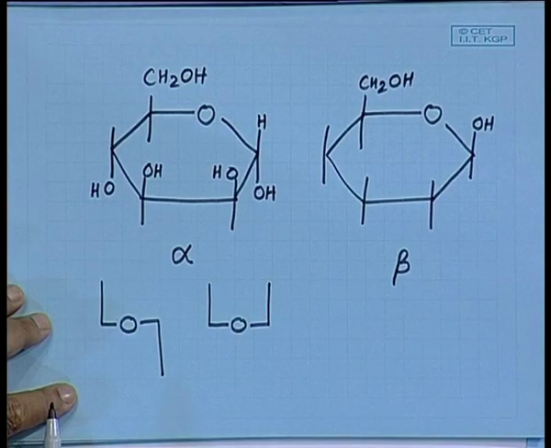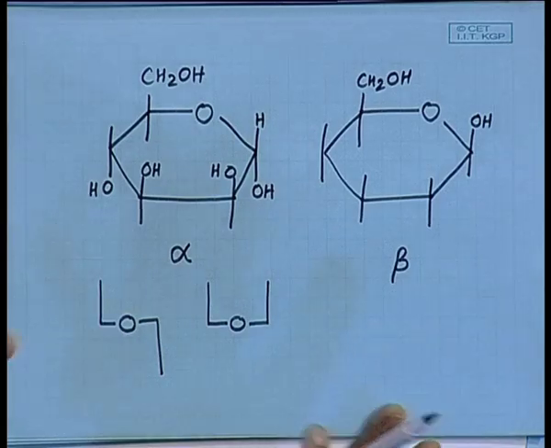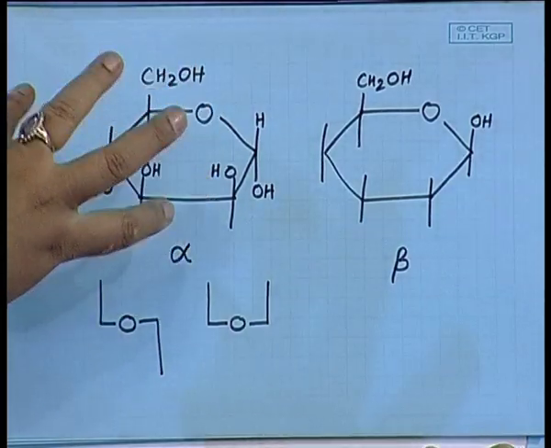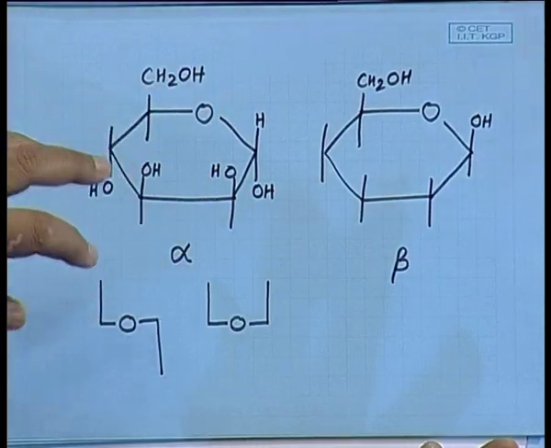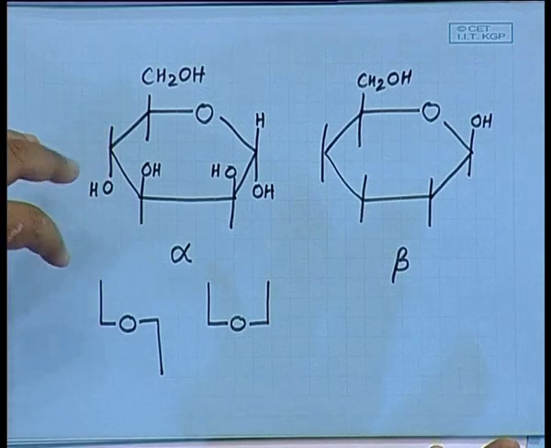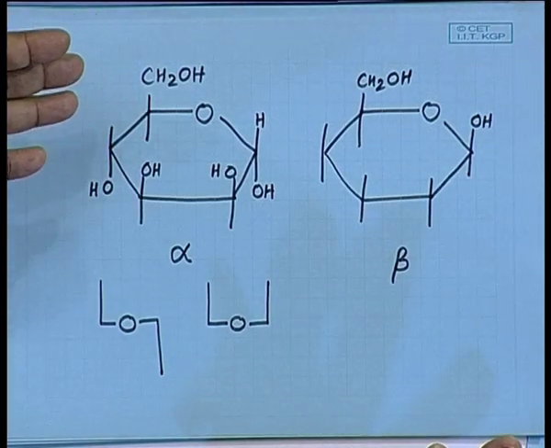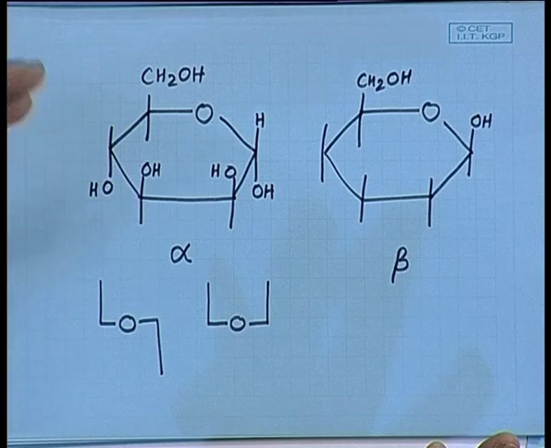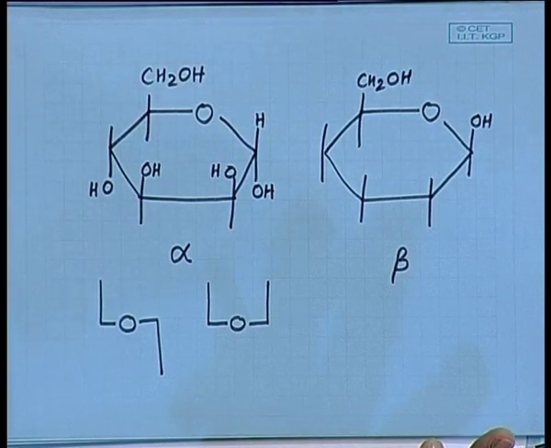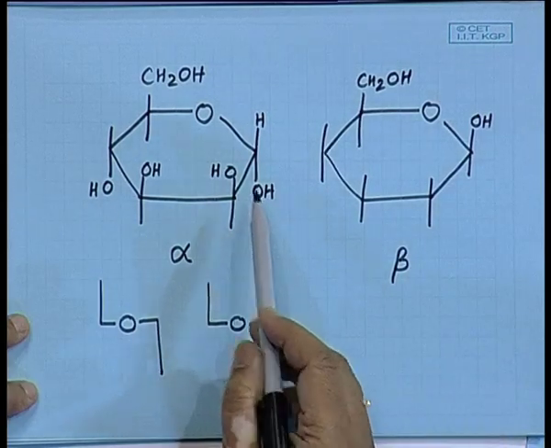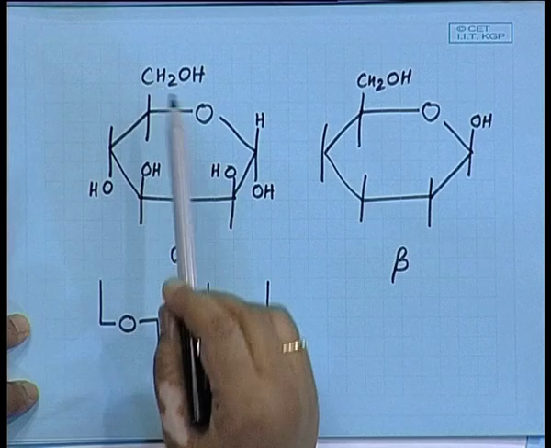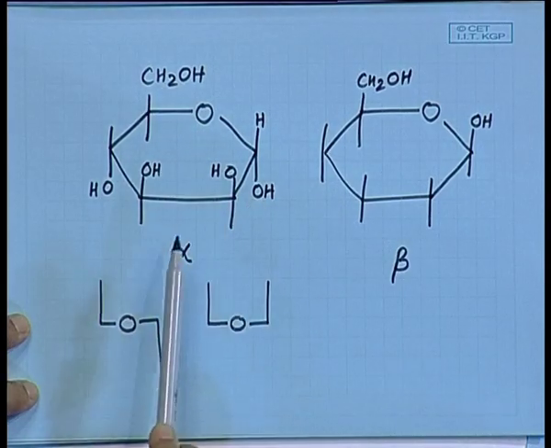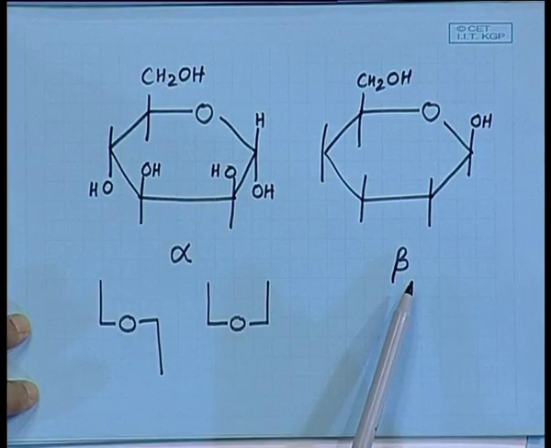Is that clear? What we are looking at is we are not looking at our monosaccharide unit only anymore. We are going to link this monosaccharide unit with another monosaccharide unit, forming a glycosidic linkage. In the formation of the glycosidic linkage, we have to look at the disposition of the OH with respect to the CH2OH, that is going to determine whether this is alpha or beta.